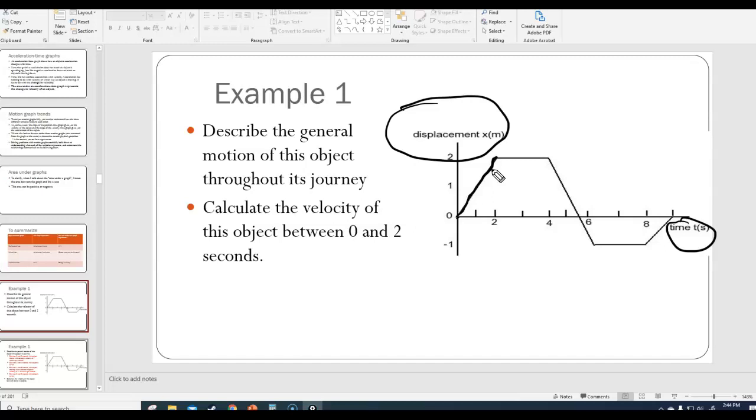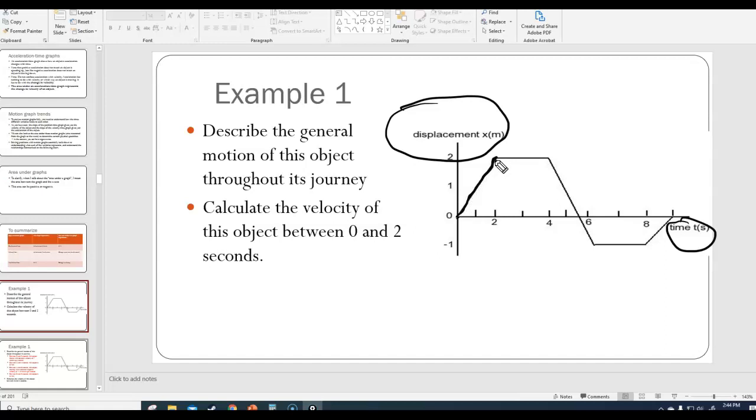Well, number one, earlier I showed you how constant velocity and constant acceleration look different on displacement time graphs. But also remember that the slope represents the velocity, and a function that has a constant slope is linear. Okay, so the fact that this is linear, meaning it has a constant slope, tells me that during the first 2 seconds of this trip, this object has a constant velocity.